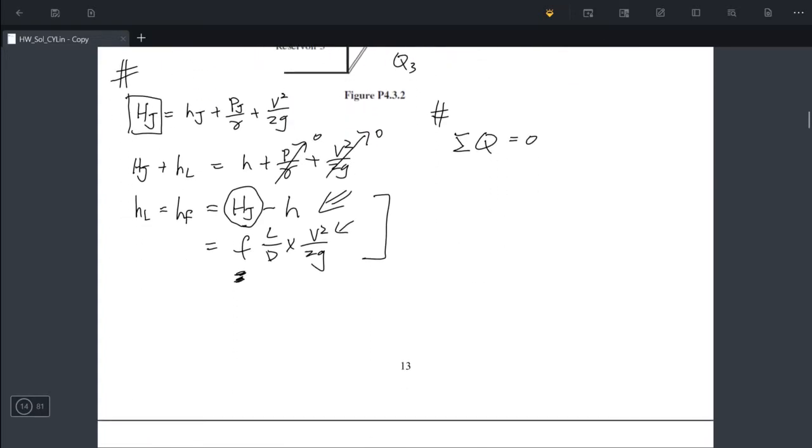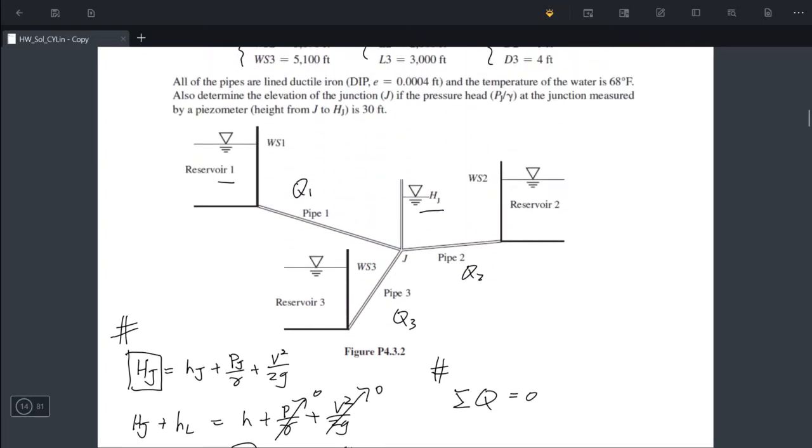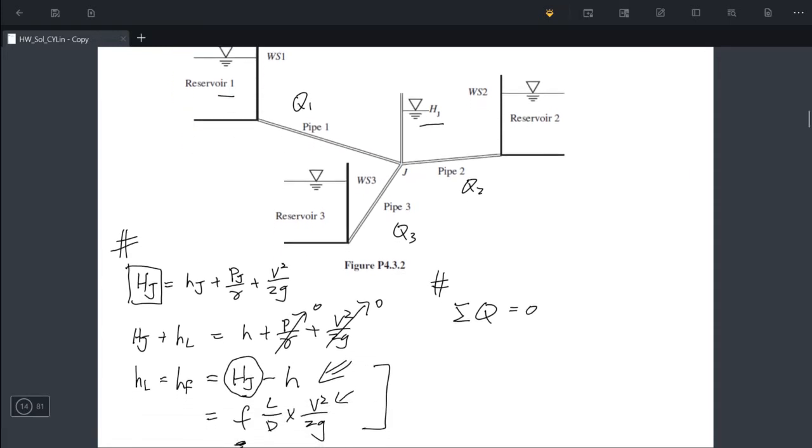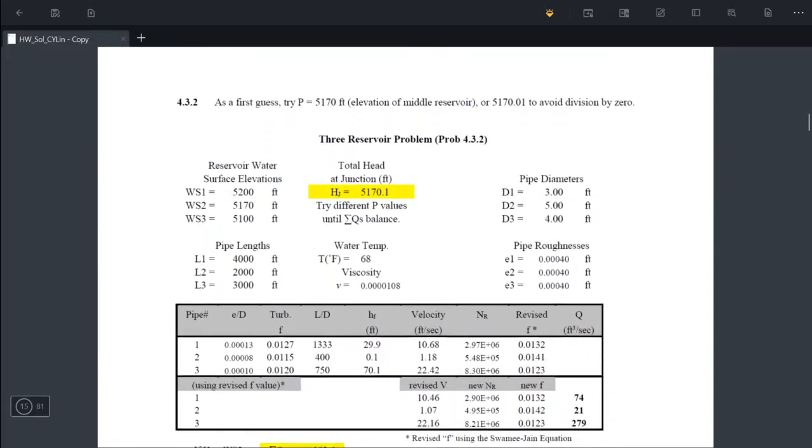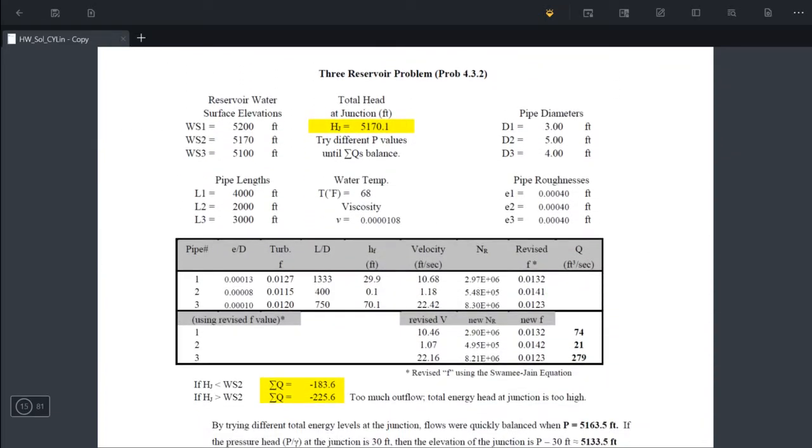Okay, so now we can write down the equation and try to solve all these for reservoir 1, reservoir 2, and reservoir 3. So here, I show the table for a better visualization.